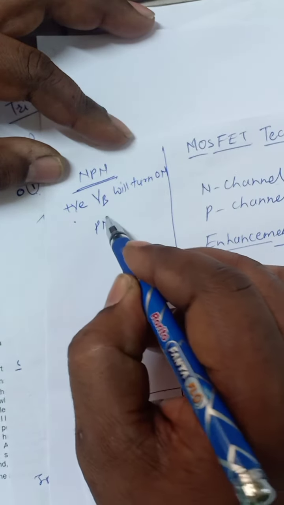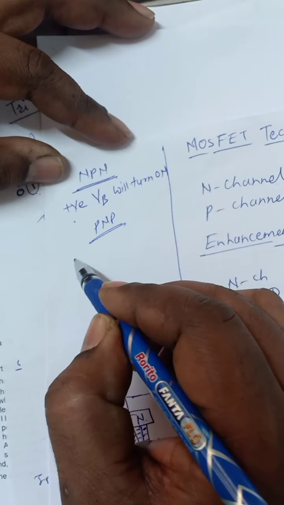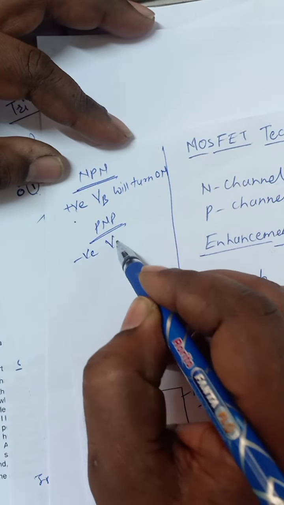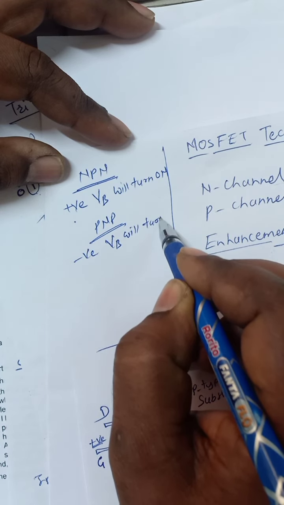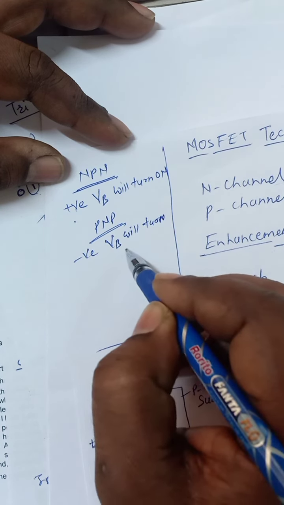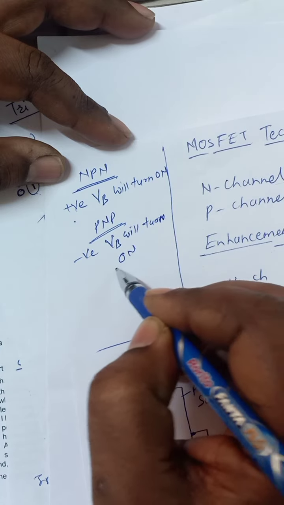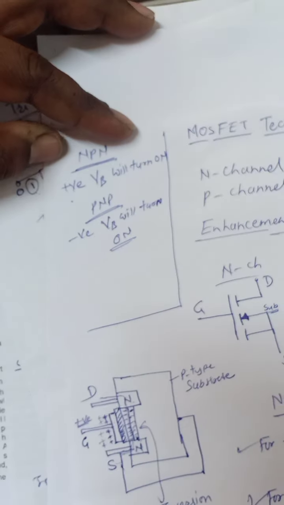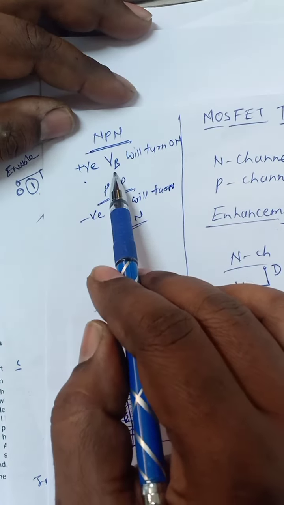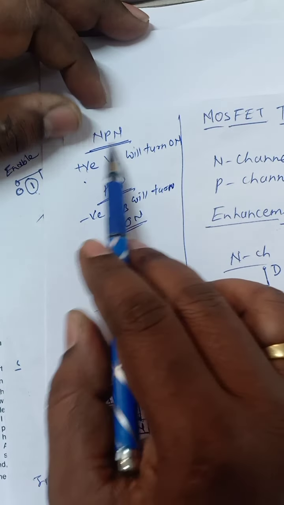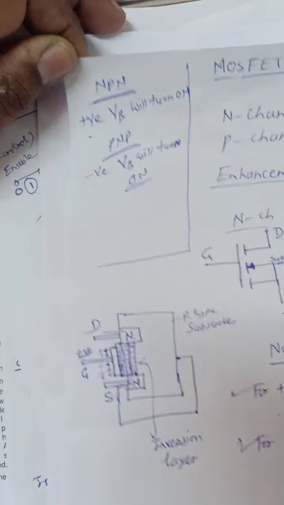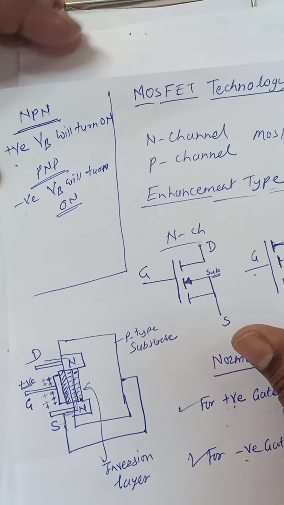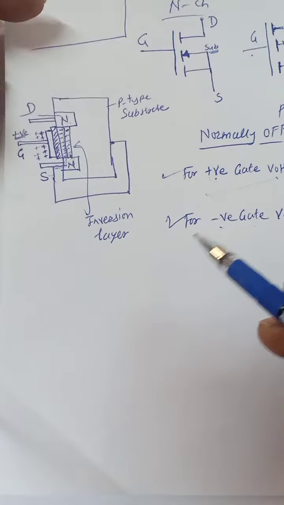For a PNP transistor, negative base voltage will turn on the transistor. Okay, so positive base voltage will turn on NPN, and negative base voltage will turn on PNP. This is for the transistor, and this is for the n channel MOSFET.